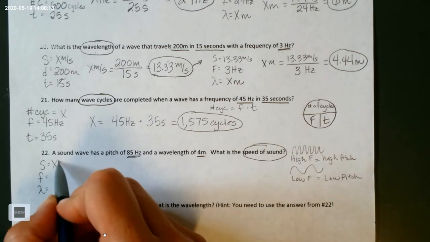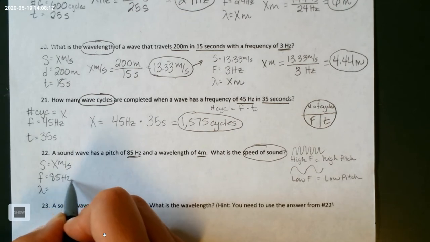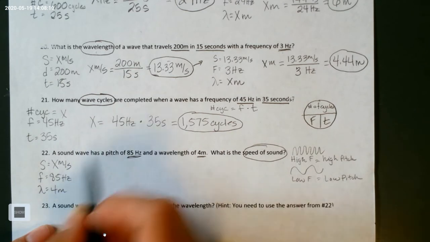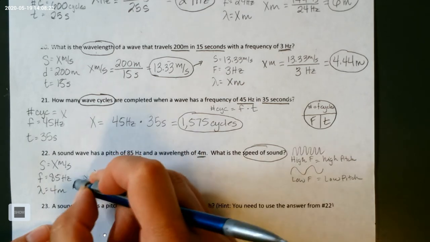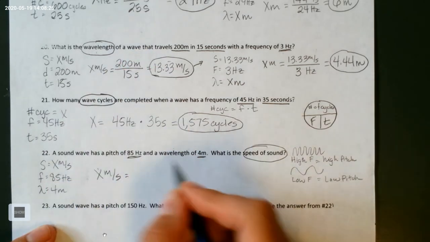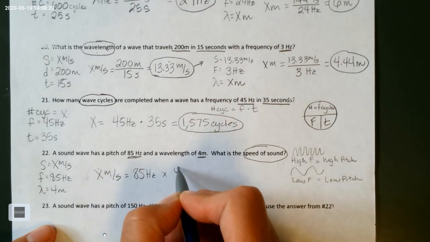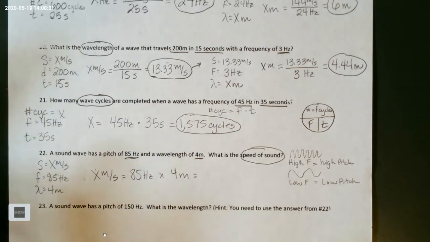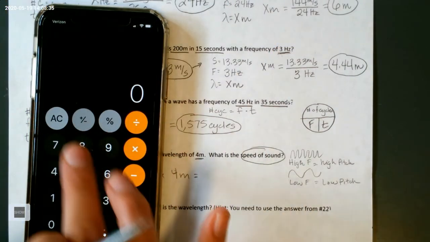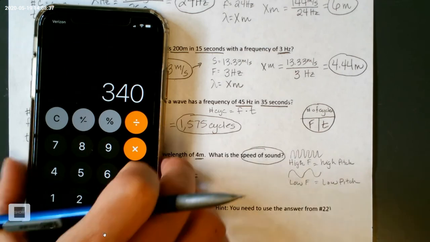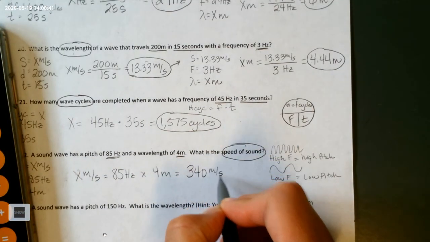Since we're looking for speed, X meters per second, frequency 85 hertz, wavelength 4 meters, equals 85 hertz times 4 meters. 85 times 4 is 340. So we're saying the speed of sound is 340 meters per second.